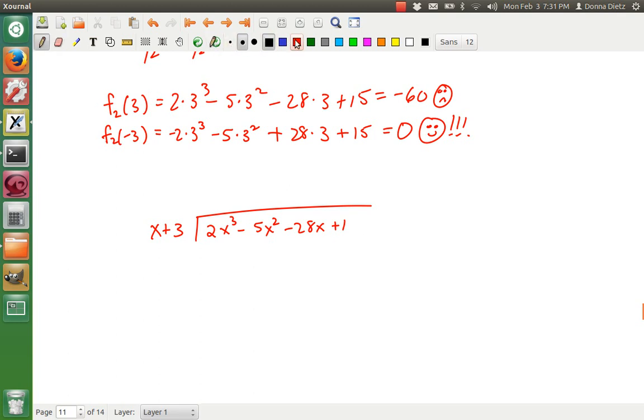Alright, now let's go ahead and work this out. 2x squared gives us 2x cubed plus 6x squared. Subtract. And let's see, we get minus 11x squared minus 28x. So I'm going to say minus 11x over here.